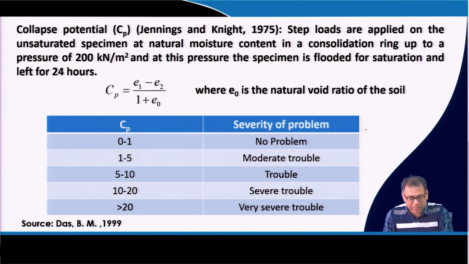pressure of 200 kPa. So, that means we place the soil sample in a consolidation apparatus, or oedometer, and in the consolidation ring under the natural moisture content condition, or under unsaturated condition, we apply the load on the specimen gradually up to a pressure of 200 kPa, and at that pressure the soil sample is flooded for saturation.